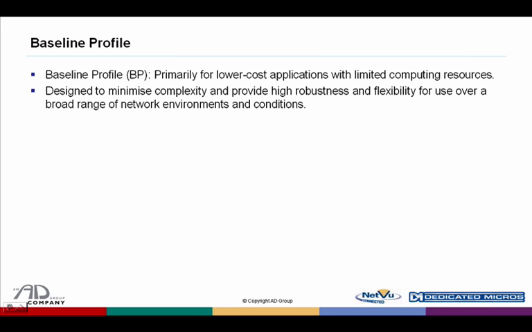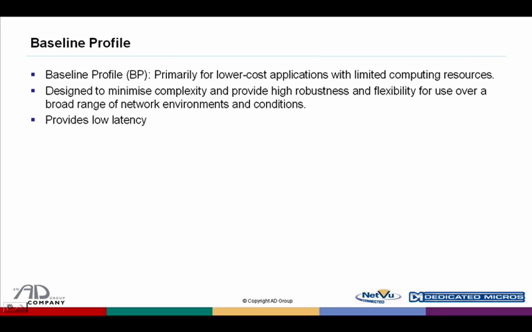Also, it was designed with minimum complexity, recognizing there is going to be limited computing resource available. Then we don't use the higher order compression tools, but what we do achieve with baseline profiles are improved levels of error checking and the ability to deal with a broader range of network environments where we might have fairly high data error rates and so on.